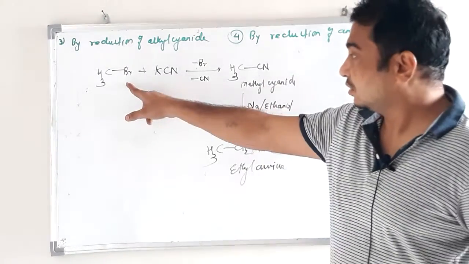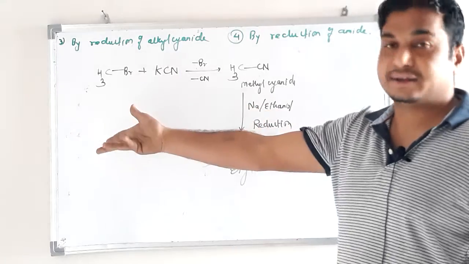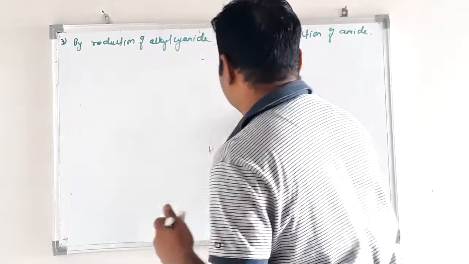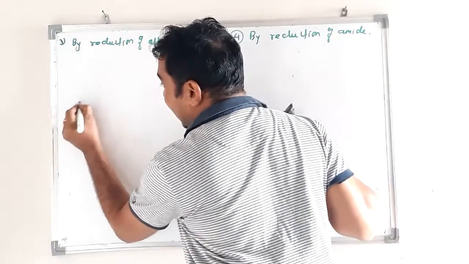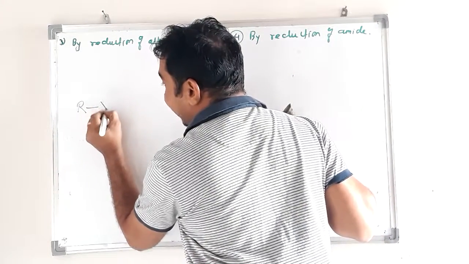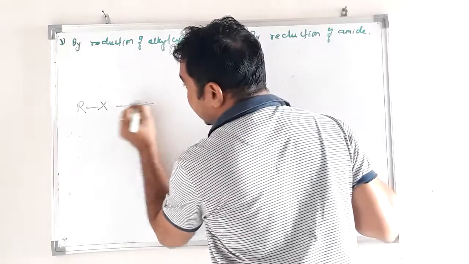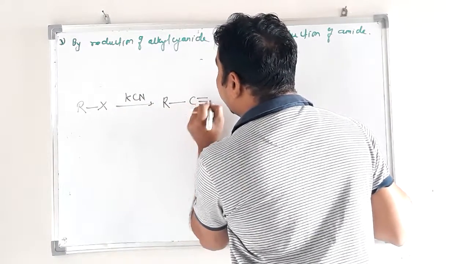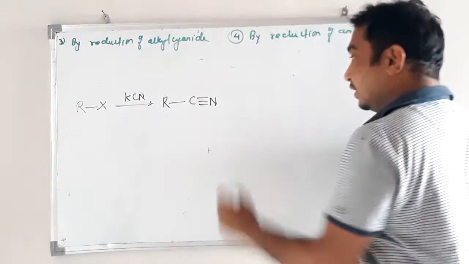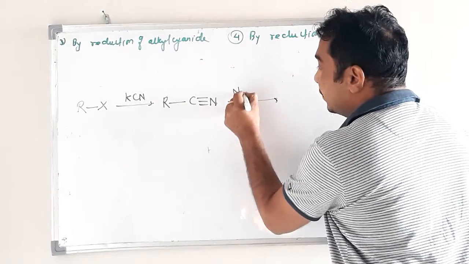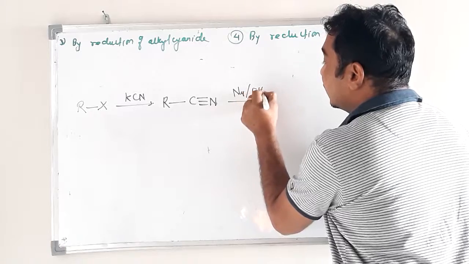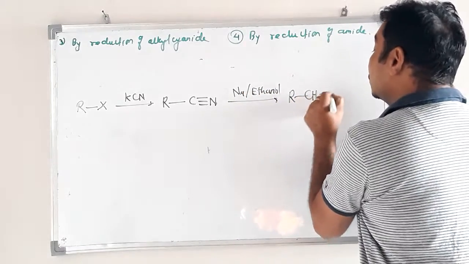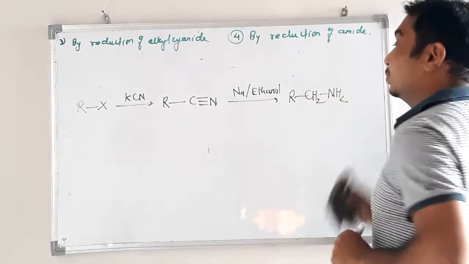Okay. So first, any alkyl halide, in general, I will write the general reaction: RX plus KCN, it gets converted to R-C triple bond N, the cyanide group. Then this is treated with sodium and ethanol, giving RCH2NH2.